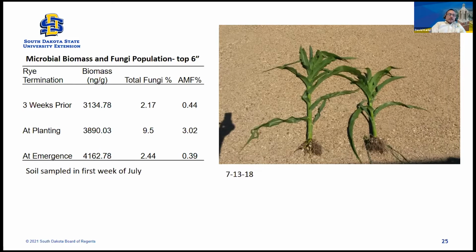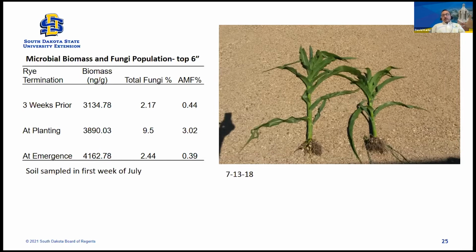So rye does help improve your microbial biomass in the soil, because you can see 3 weeks prior, at planting and at emergence. At emergence, when rye was let grow until the corn emerged, even after just 1 year, you had more biomass of microbes in the soil.